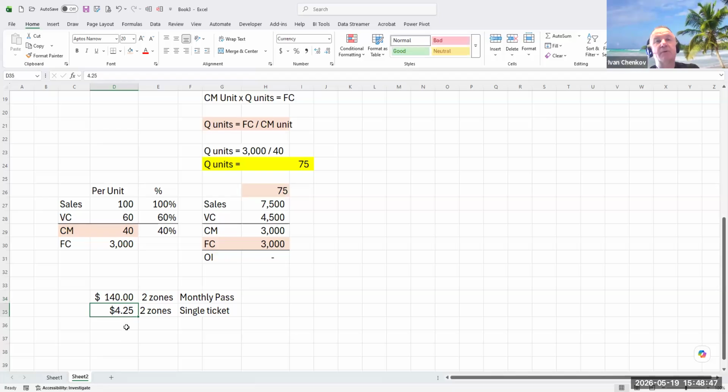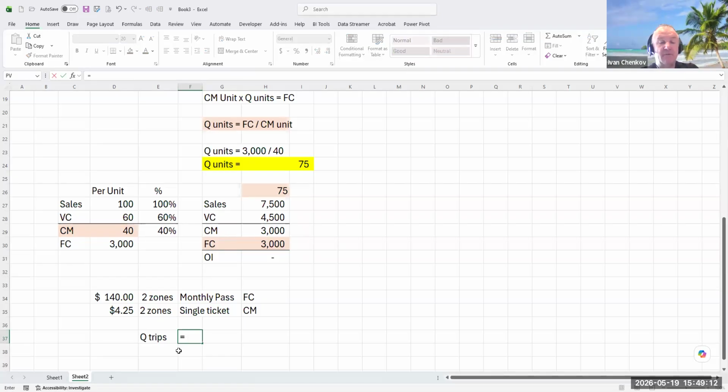So what are we going to do? 140 is your fixed cost. 4.25 is the contribution margin, so that's how much you're getting for a single trip. So the number of trips that you need to cover your fixed cost is going to be equal to $140 divided by 4.25 single fare.